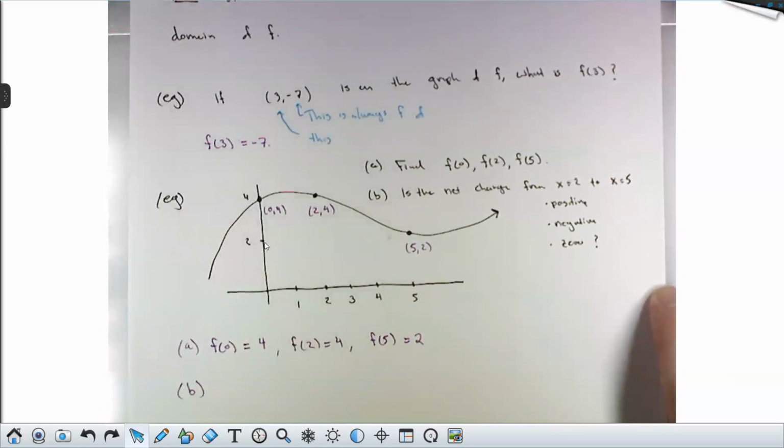All right, let's look at the net change from x equals 2 to x equals 5. We could actually find that net change, right?